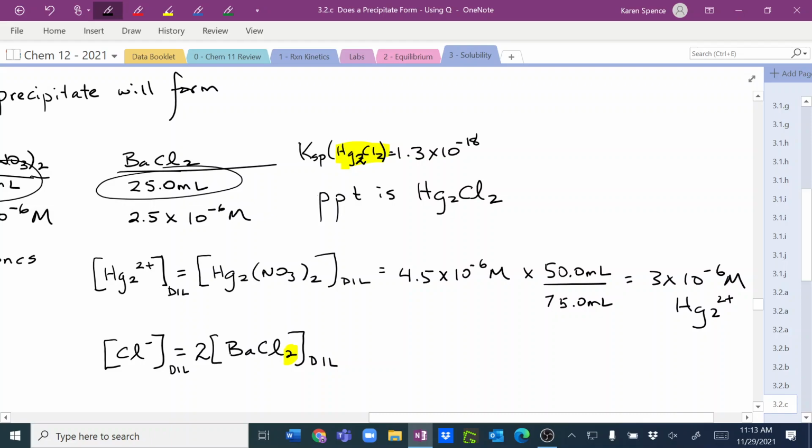If barium chloride is 1, chloride will be 2. If barium chloride was 2, chloride would be 4. So we're going to have to double it. I'm just going to put 2 times at the front, and then do everything else.